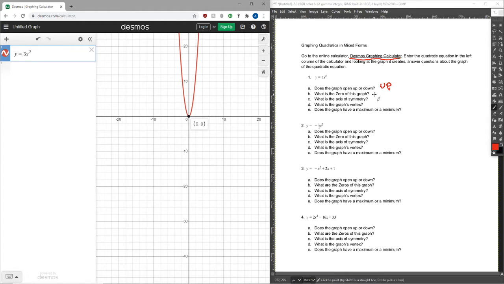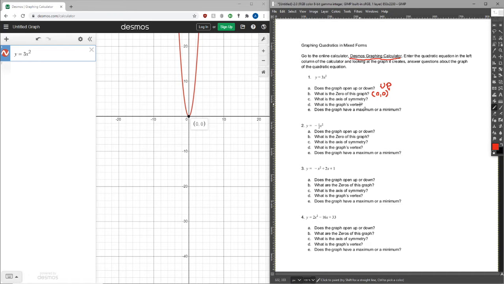And the zero of the graph happens at 0, 0. So there's the answer right there. One of the things that's nice about Desmos is if you'll click on different parts of the graph, it'll tell you what the points are at that point, just like I showed you. So the zero of the graph right here where it crosses that x line is 0, 0.